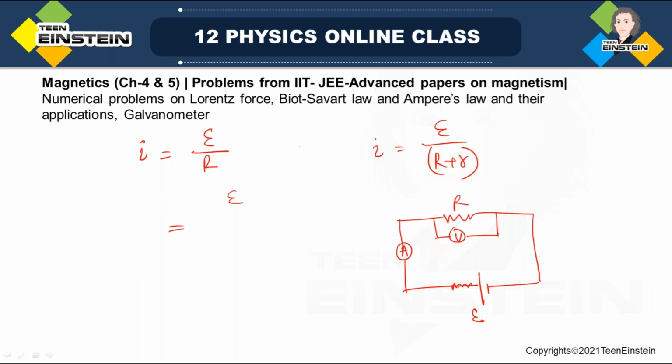So this resistance actually will be in series, RA plus small r, and this will be in parallel again. So R into RV by R plus RV. So this is there, and along with this a term will come.